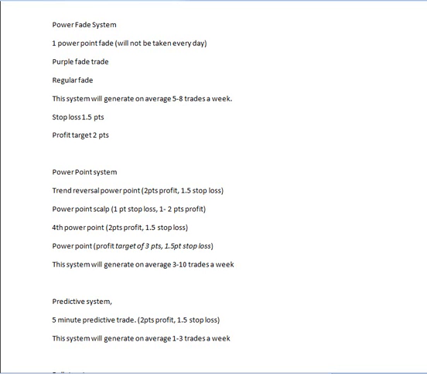With all of these fades, the stop loss is 1.5 points and the profit target is 2 points. What I've found with the power fades is some of them do go for a lot more points, but to get the probability of success up, we need to stick to a 2-point profit target, because with the fades, normally the market's already made so much of a move and we're looking for an extension of the move.